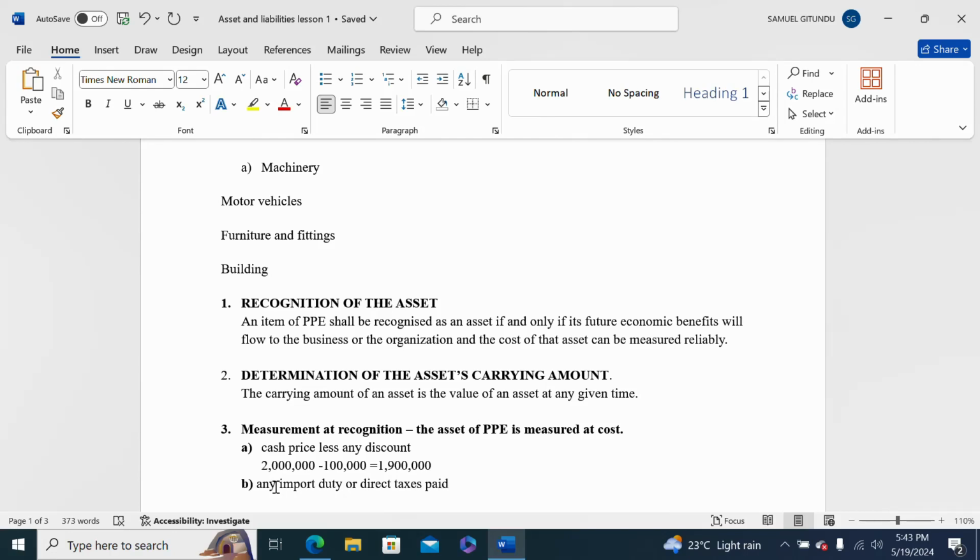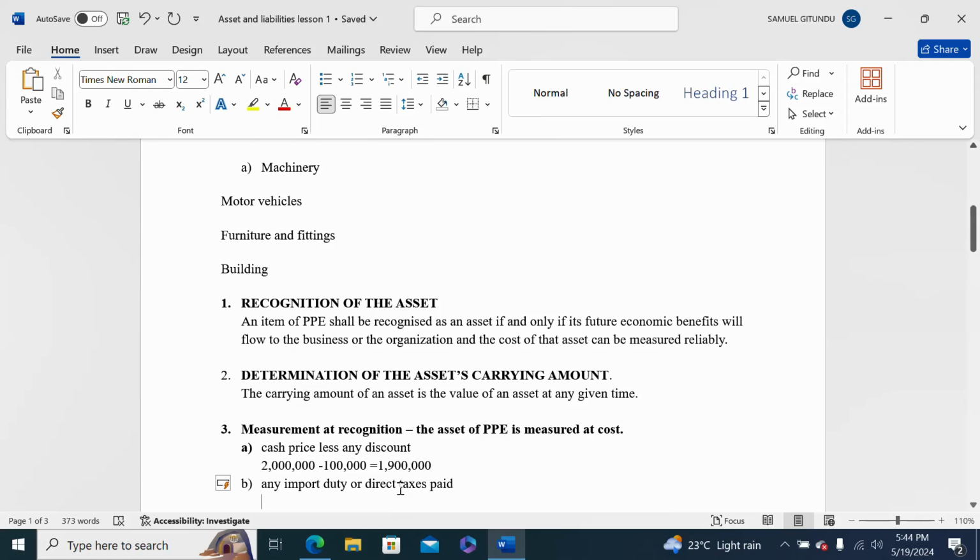paid. For example, you purchased this machinery from another country and you paid an import duty of, let's say, 100,000 and you paid direct taxes of another 100,000. So now the cost of your machinery has increased from this 1.9 million, because this now is the cash price less discount, but you have paid an import duty and other direct taxes. Direct taxes include, for example, taxes like VAT or value added tax.